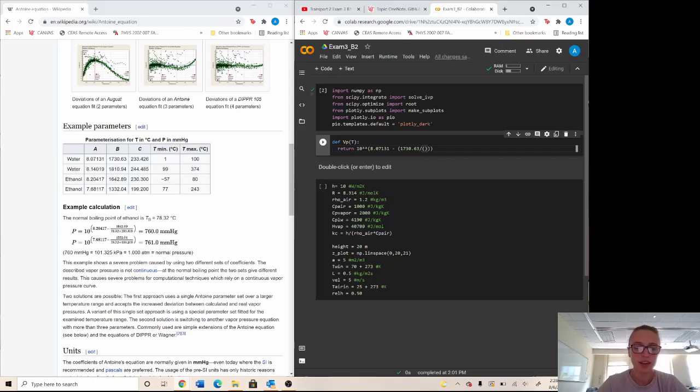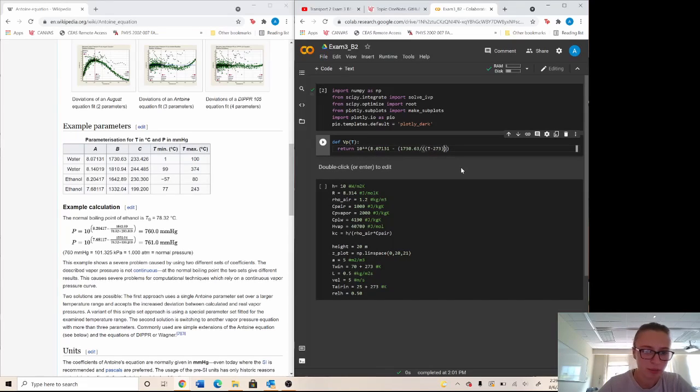So we see that temperature in this is in Celsius, so since we have it defined in Kelvin, we're going to say the temperature minus 273 degrees, which will convert the temperature from Kelvin to Celsius.